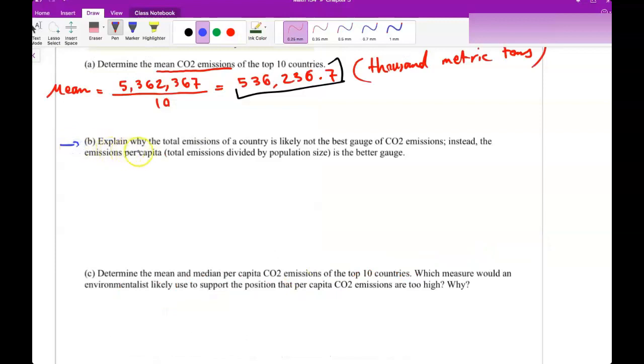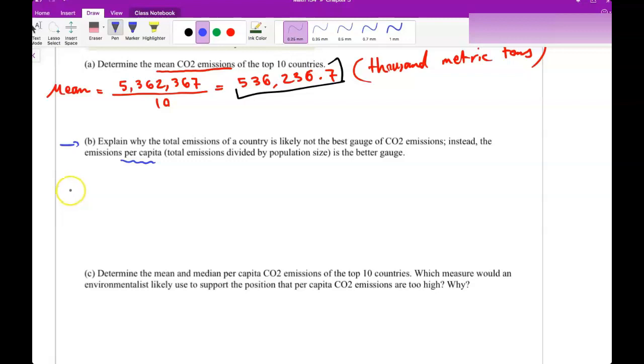Okay, now part B: explain why the total emissions of a country is likely not the best gauge of emissions, and why emissions per capita, or total emissions divided by population size, is a better gauge. Per capita is better because it adjusts emissions for population.